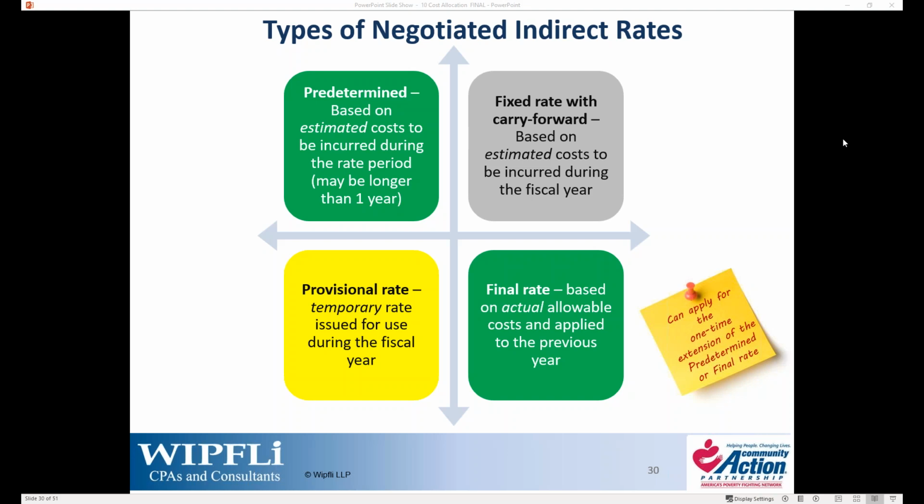But if your rate finals at 18.9, if you have charged your grants 20% and you should have only charged 18.9, you're going to have to pay that money back. So it's very important to monitor your actual rate when you are operating under a provisional rate.